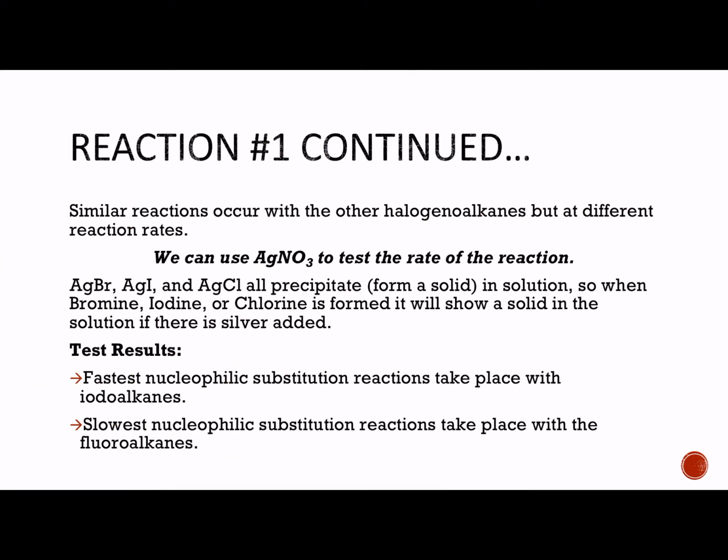For halogen bond strengths, you can use silver nitrate to test the rate of the reaction, which is something that we've actually just looked at in this past unit. The reason we can use AgNO3 to test the rate of reaction is that when we have a halogen alkane, if we were to form silver bromide, silver iodide, or silver chloride, we would produce a colored solid.